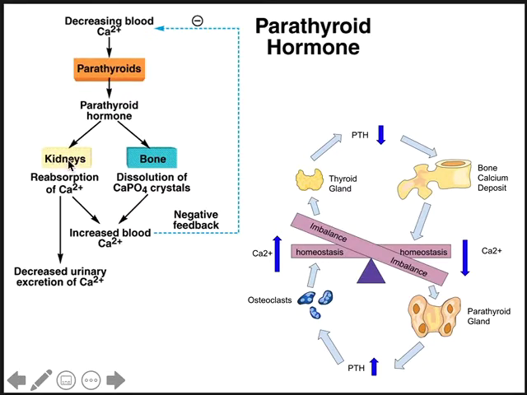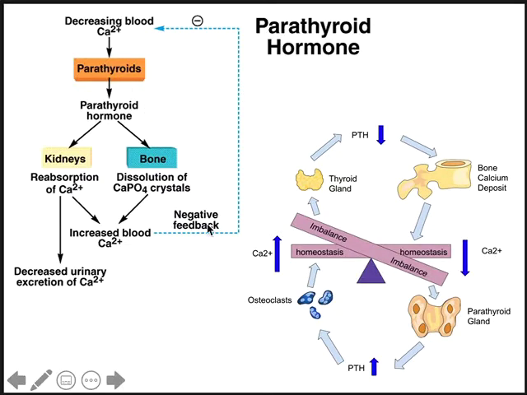And by reabsorbing calcium from the kidney, you're going to have less in the urine. Once you increase the calcium in the blood enough, that will have a negative feedback effect, inhibitory effect, and basically lower or stop the parathyroid hormone secretion.